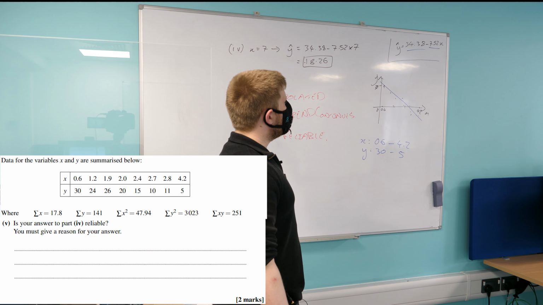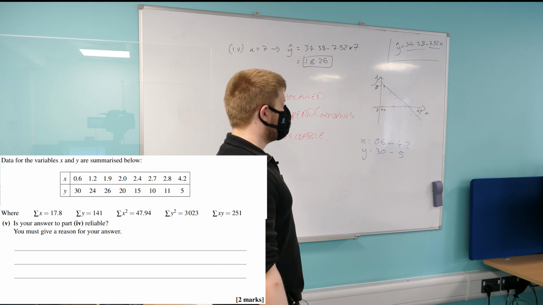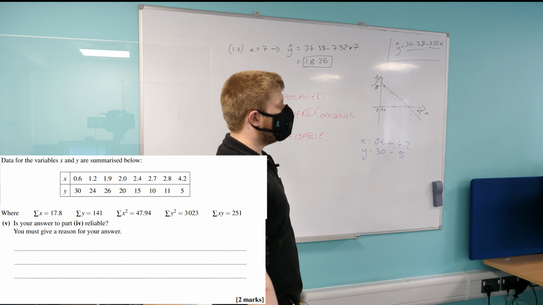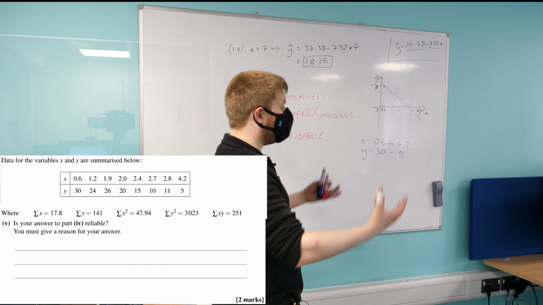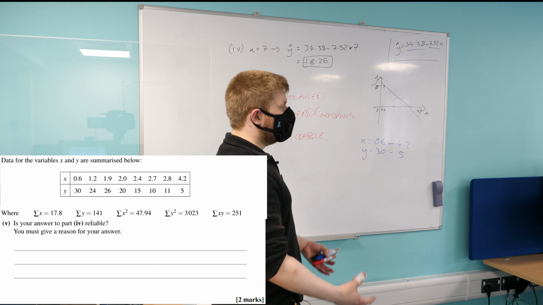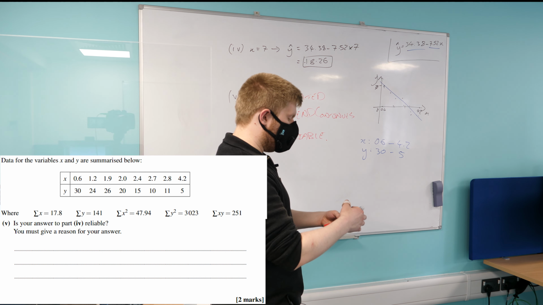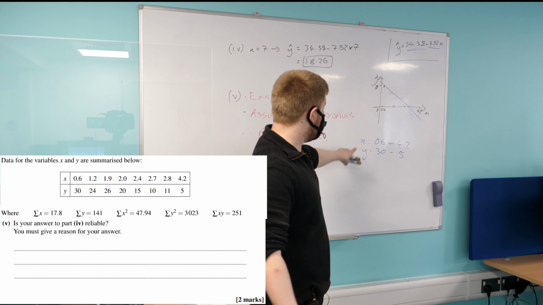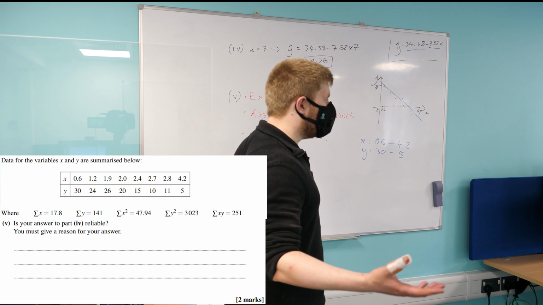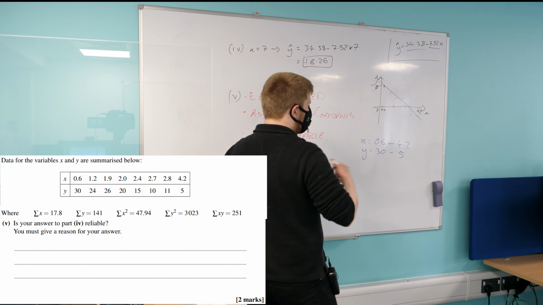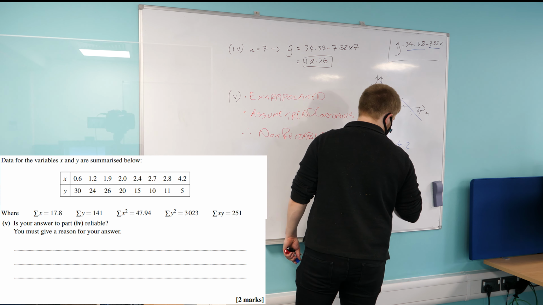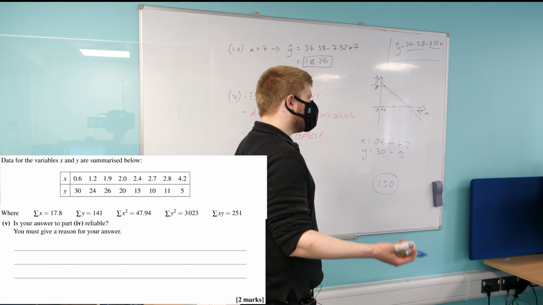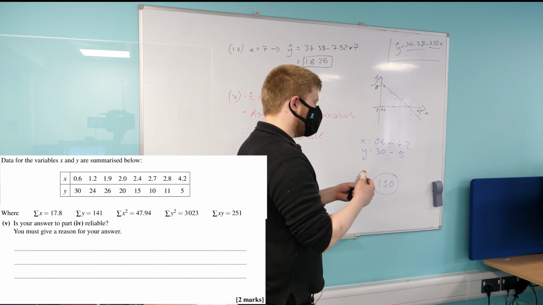No, no, that's a good question actually. In real life, say we can only collect data for a limited range. You have to think about the context in which the data was collected. For example, if x is age and y is something else, then clearly if you were trying to make an estimator for 150, that doesn't make sense, because you can't have somebody that's 150 years old, all right?